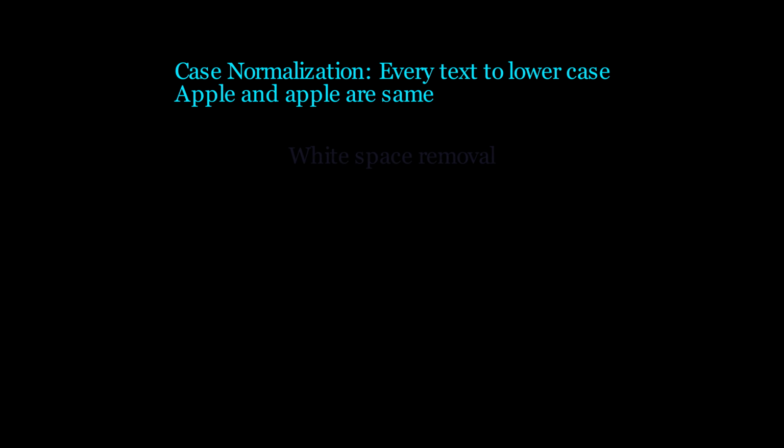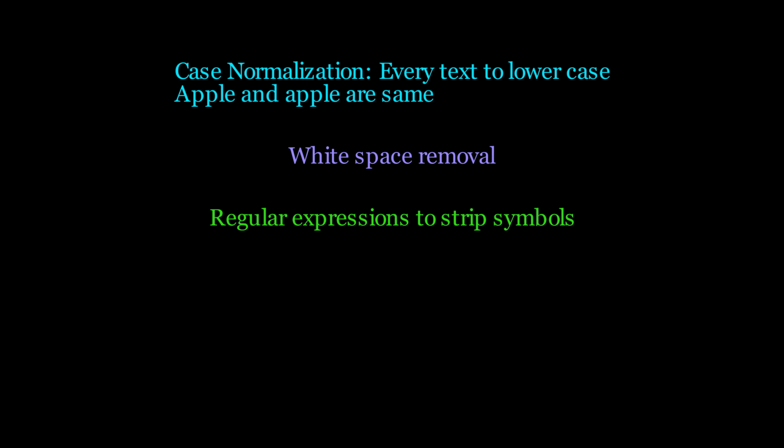Case normalization. We convert everything to a single case, usually lowercase, so that Apple and apple are identical. White space removal. We strip out extra spaces that often creep in during data entry. Regular expressions, regex. We use regex to strip symbols.